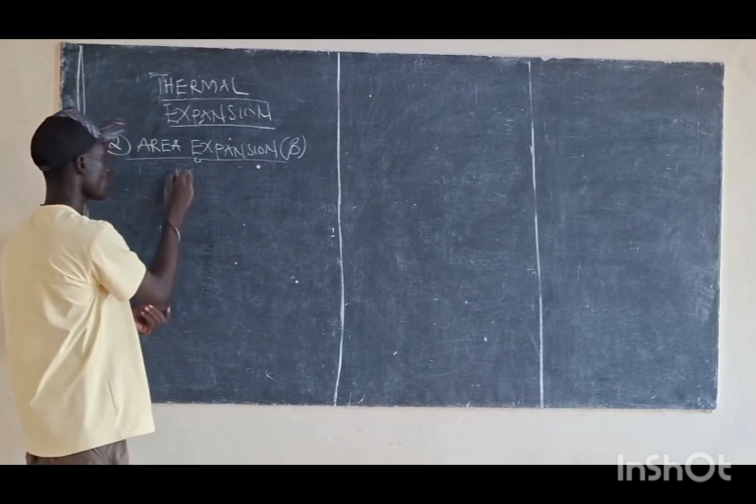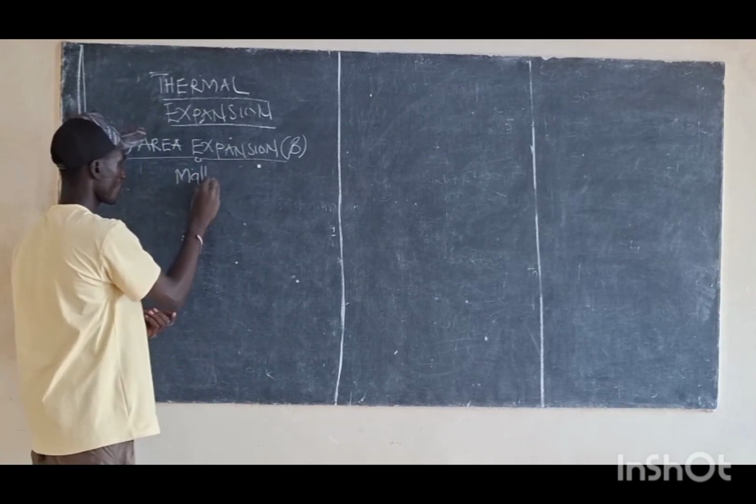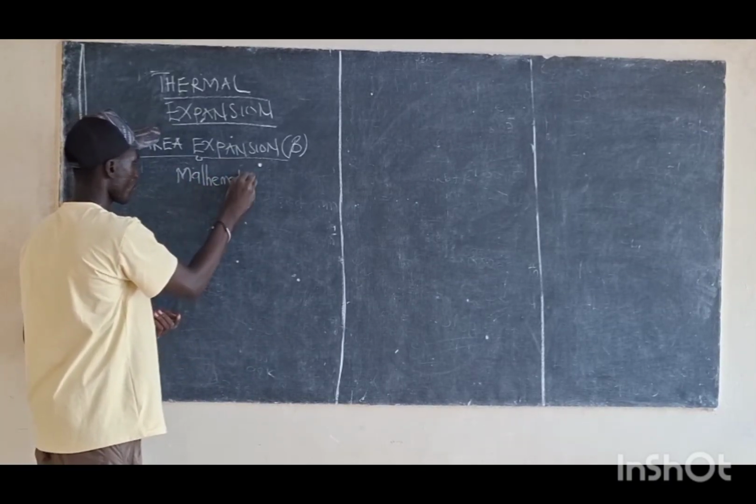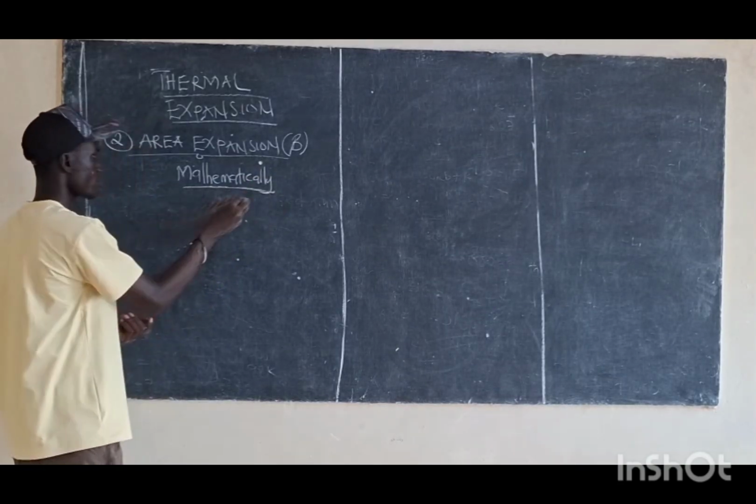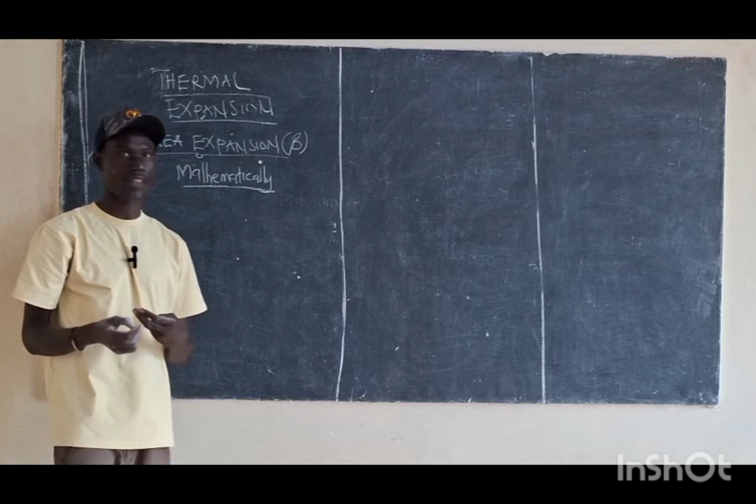Mathematical expression. Mathematically, area expansion is represented with the Greek letter beta.